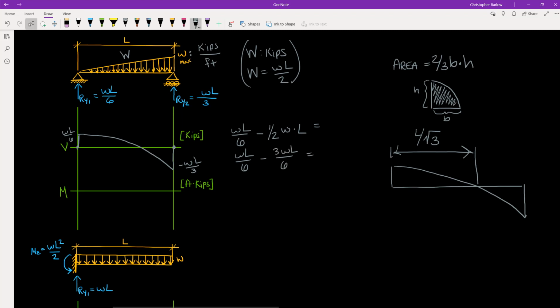And so we end up with negative 2 WL over 6, which is equal to negative WL over 3, which is exactly what we have. And so this reaction on the right is our maximum shear. And this is our shear curve.